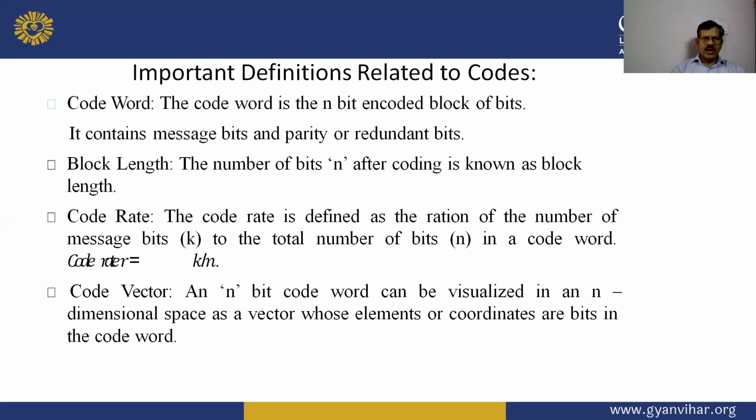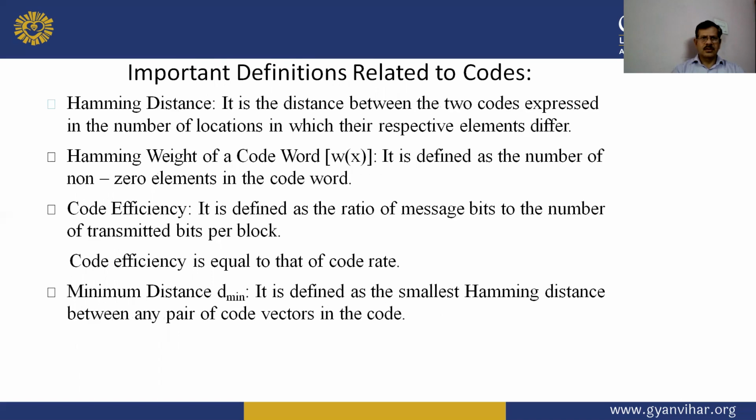What is the code vector? An n-bit code word can be visualized in an n-dimensional space as a vector whose elements or coordinates are the bits in the code word. What is the Hamming distance?